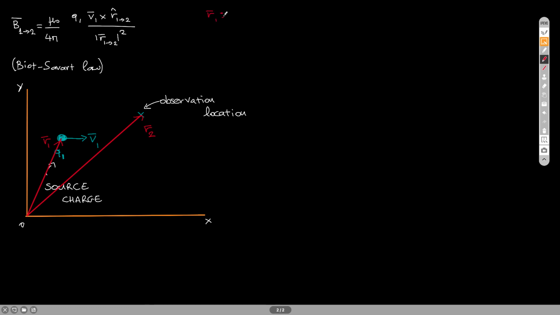R1 is the position of the source charge. R2 is the observation location. You need to know the positions of both of them. You need to know where your source charge is. You need to know where you want to find the magnetic field.